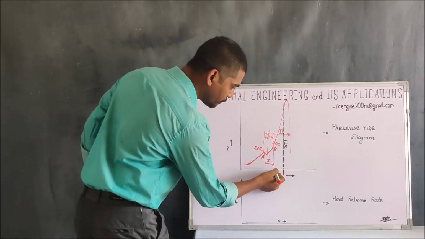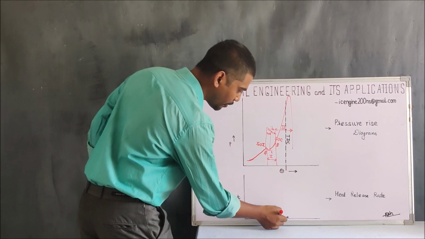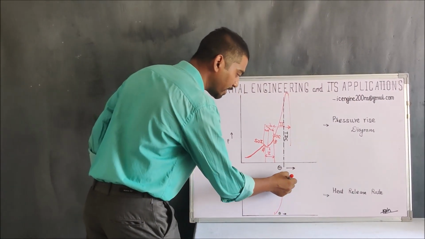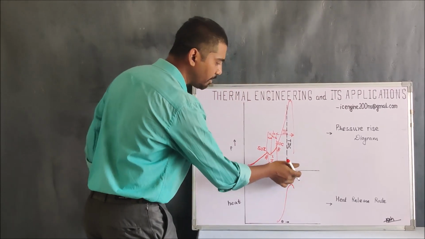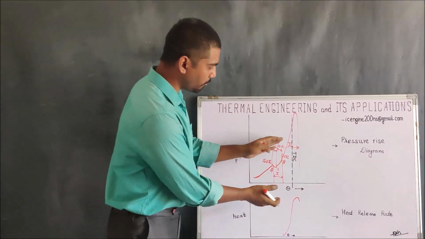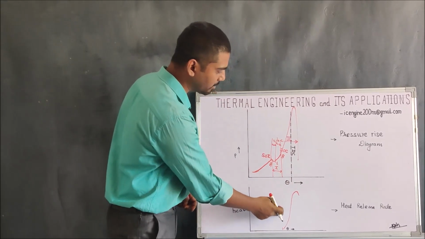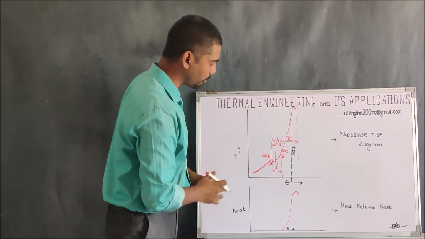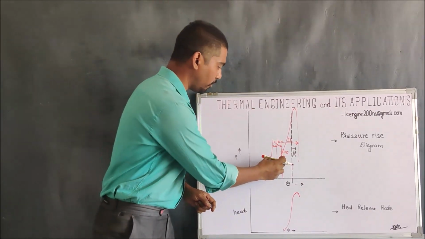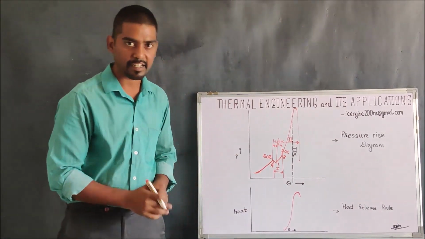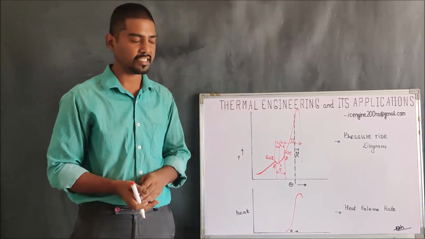This heat release will start at point B of theta. Here is that point, and there will again be a sudden rise in heat release rate because the pre-flame reaction is taking place. What you can observe is that the pressure rise and the heat release rate are both sudden, both spontaneous, and both cannot be controlled, because some amount of fuel is already injected and this cannot be controlled by any means now. Whatever has happened has happened.